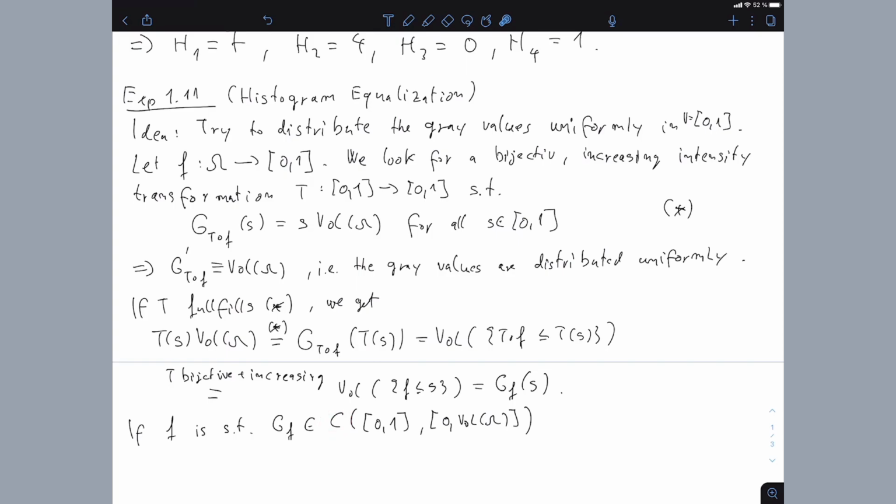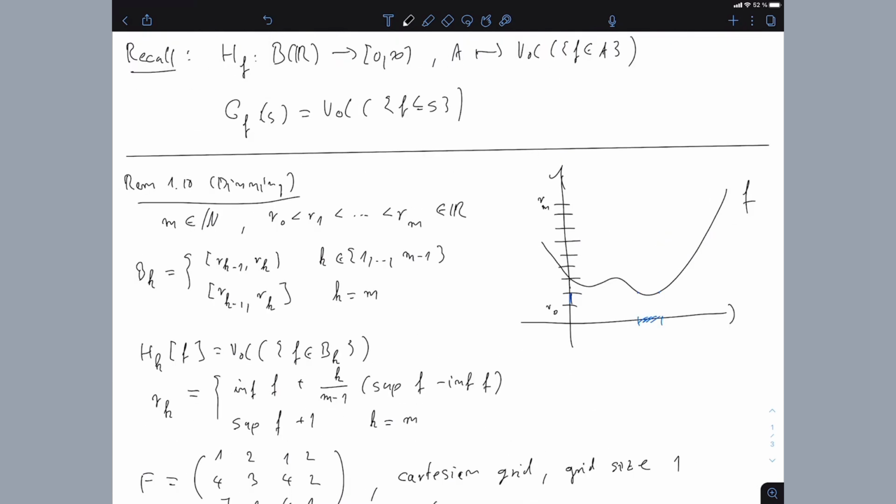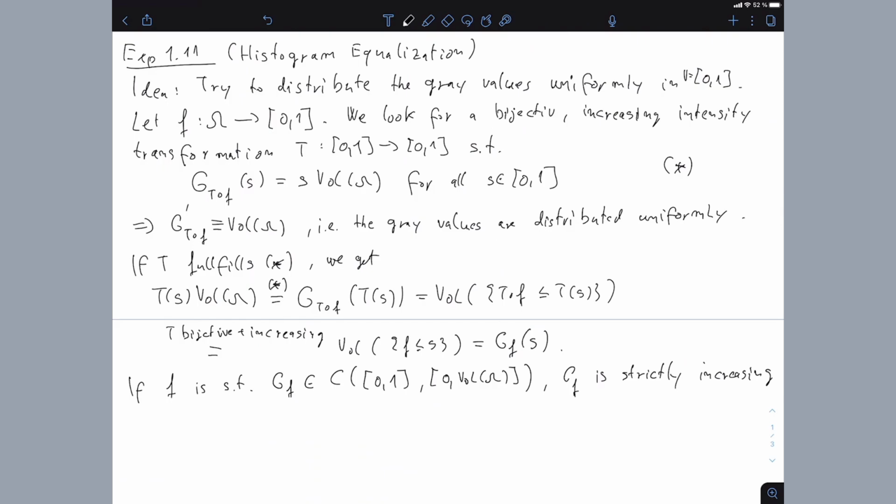Yeah, the CDF has jumps, but for continuous images without jumps, this can be fulfilled. Also, we want that GF is strictly increasing. And GF of 0 is 0.